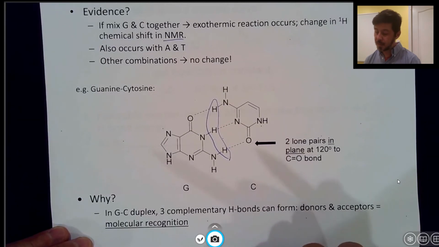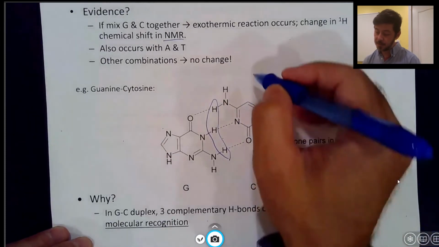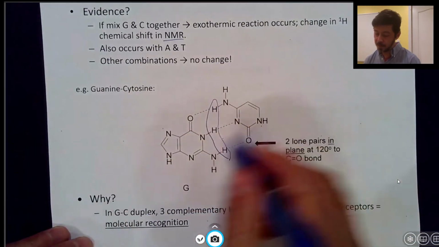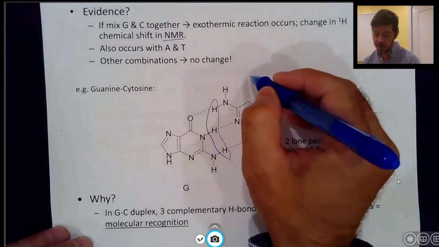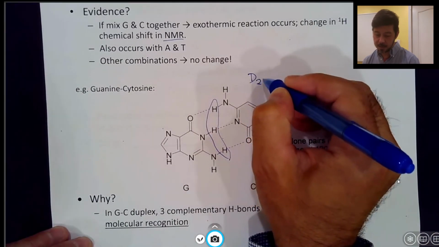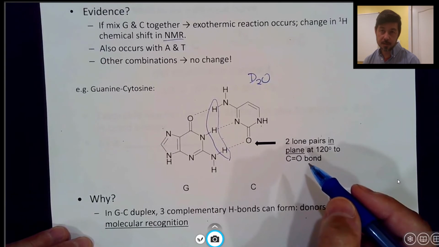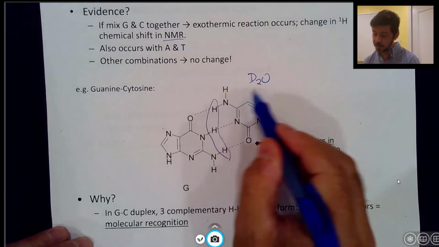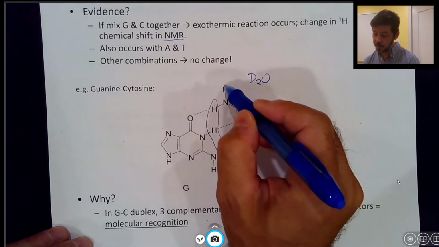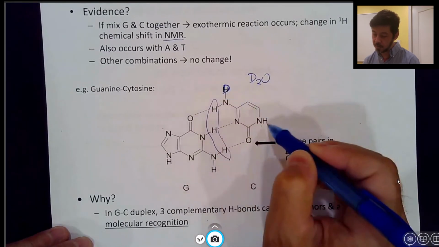Some of you have probably taken Professor Zankina's spectroscopy class. If you take these compounds, put some polar groups on them and use D2O, deuterated water, as a solvent, you'll get deuterium exchange with many of these other hydrogens.